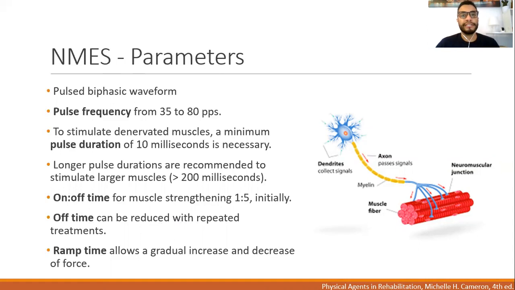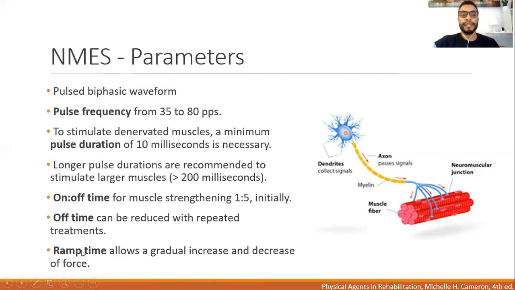Also considering fatigue, to avoid muscle fatigue, we increase the off time so that the muscle has more time to relax between the contractions. And we also have this parameter called ramp time, that allows a gradual increase and decrease of force, of intensity of current.